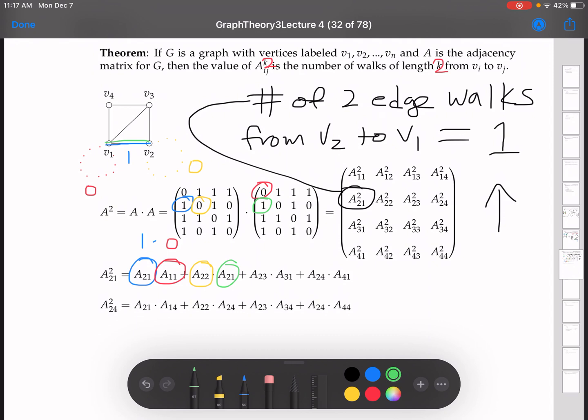So again, we have 0 times 1, where we have no edge put together with one edge does not create a 2 edge walk. That's why we have a 0 there. The 0 you can think of as no edge, and 0 times 1, nothing, right? There's no two-edge walk.